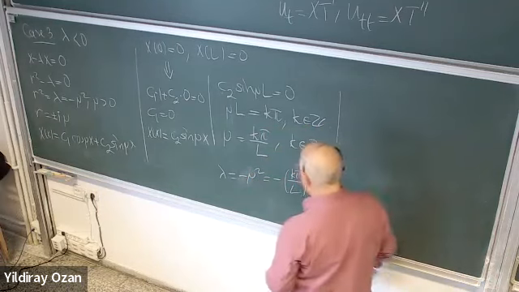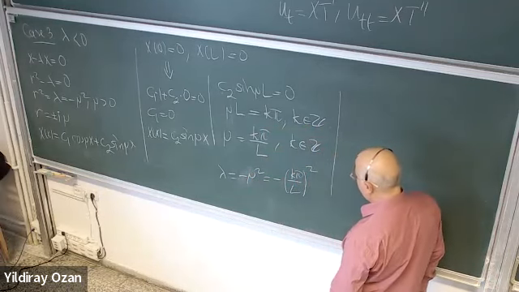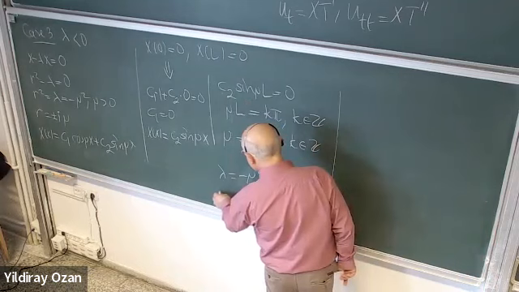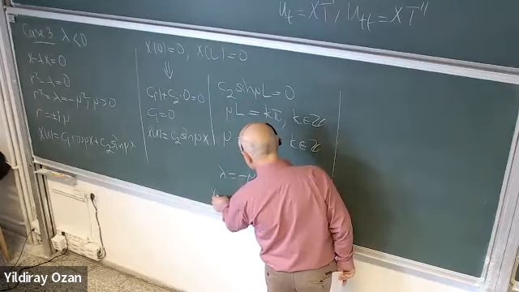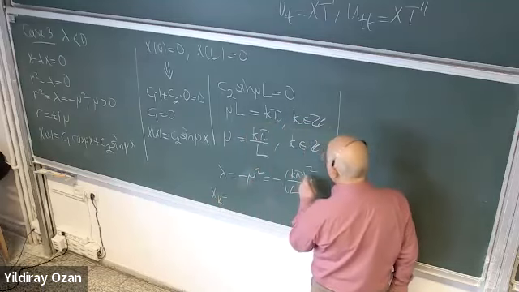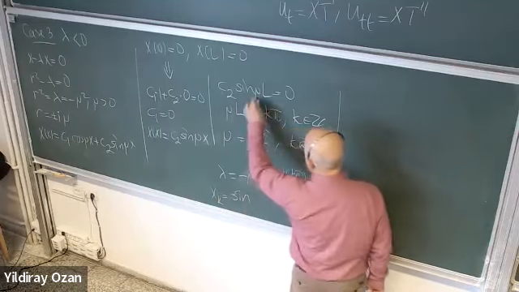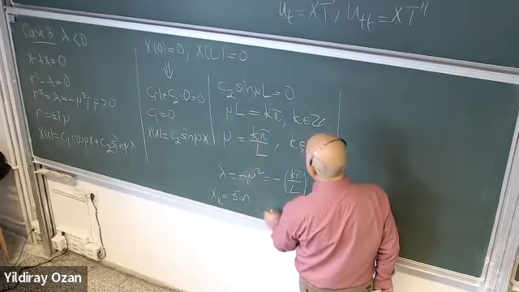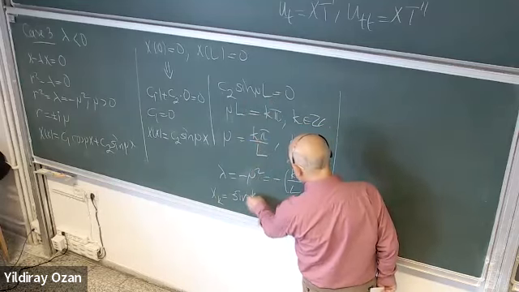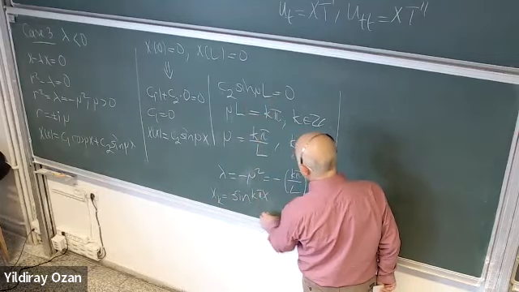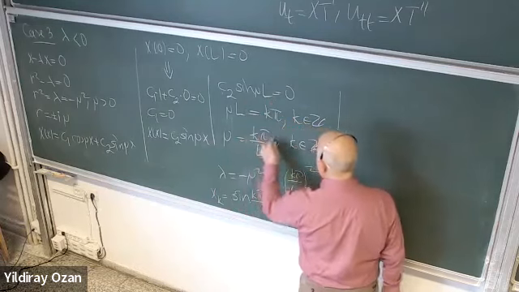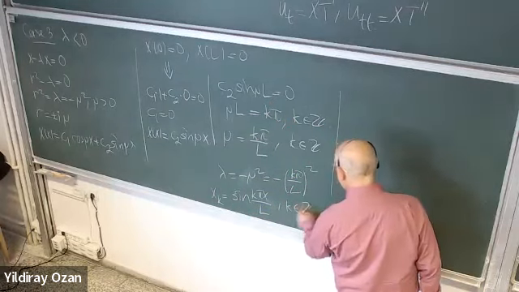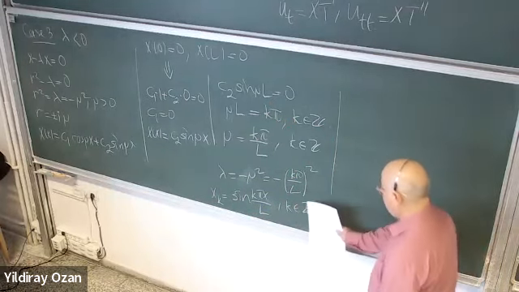And in this case, the solution is X_k of x, which is just sine nu x, nu is just k pi over L, therefore it is just sine of k pi x over L, and k is an integer. So for X, we have this solution.